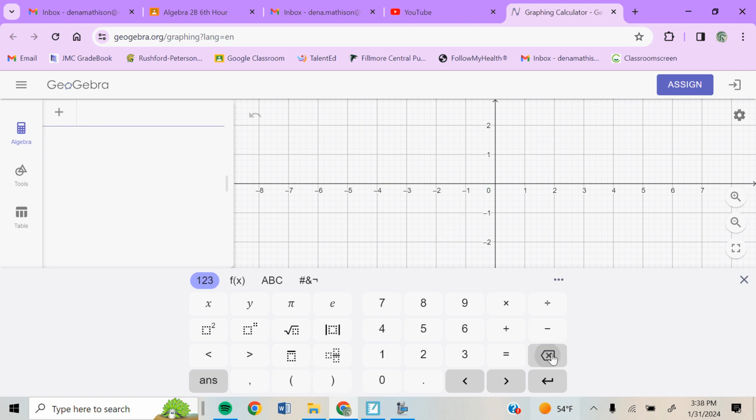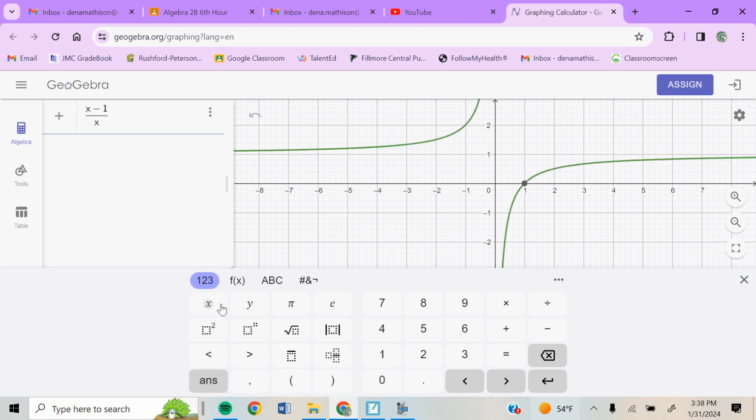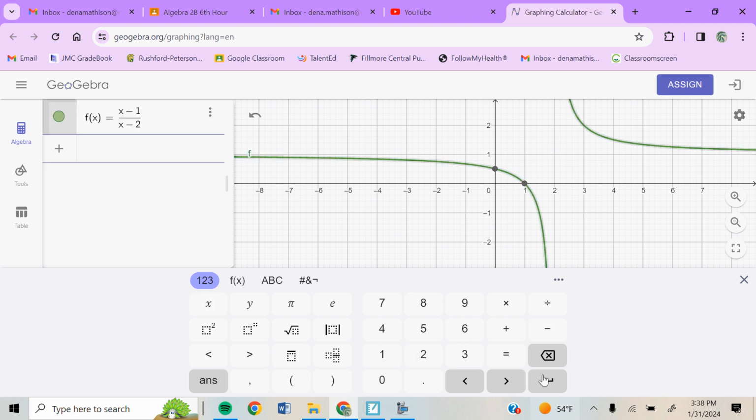Here, I'll show you. So x minus 1. And then I hit divide. See how it just does the fraction piece? So we need to actually put those parentheses in so that we can have it now do the fraction. And then we also need to do x minus 2 in my denominator. And then that one will graph, we hit enter, that works too.